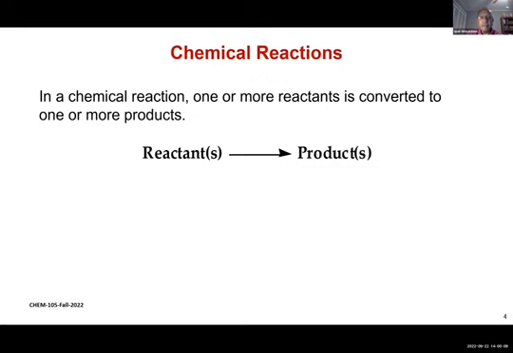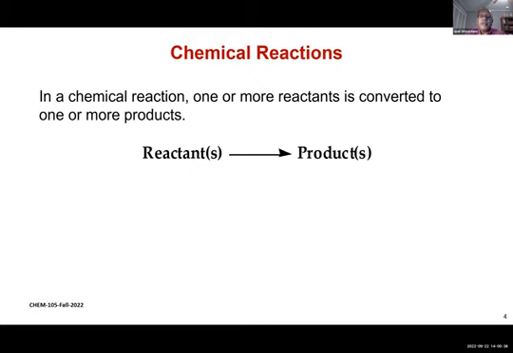The reactants are either elements, molecules, or different compounds. Products are different compounds, molecules, etc. So this arrow represents the transformation between reactants and products. Reactants are found on the left side, products are found on the right side. That's the chemical reaction in words.